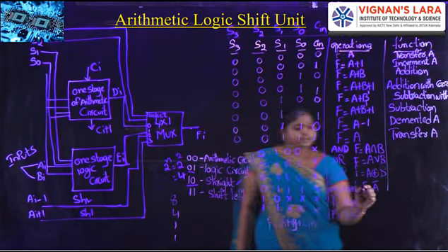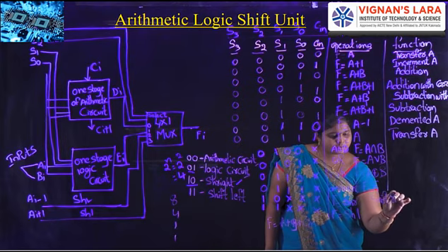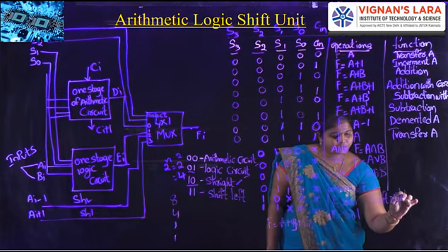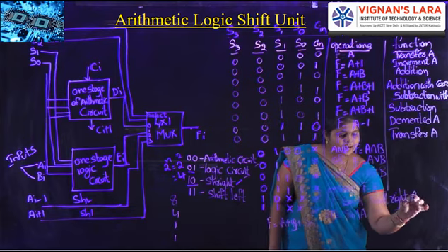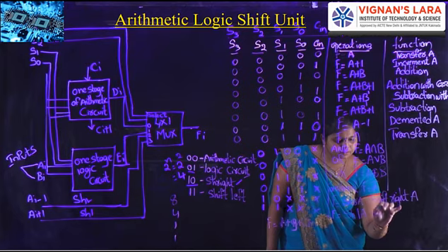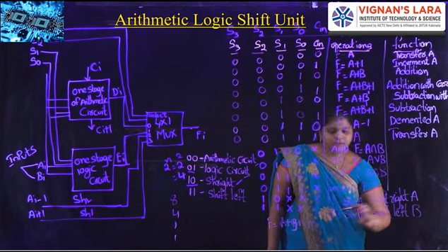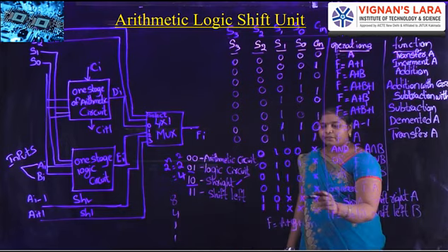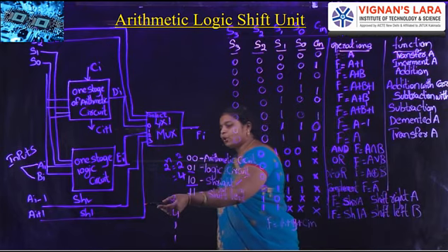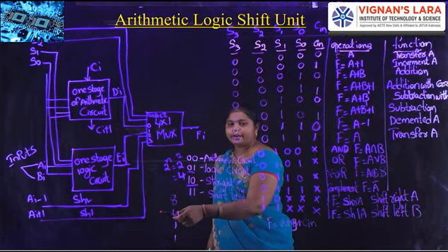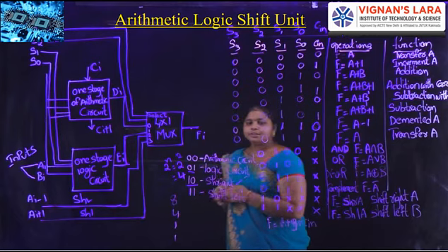The operation is shift right A and shift left B. Here in shift right and shift left there is no need for S0 and S1. In the circuit also there is no connection between S0 and S1 to the SHR and SHL, shift right and shift left.